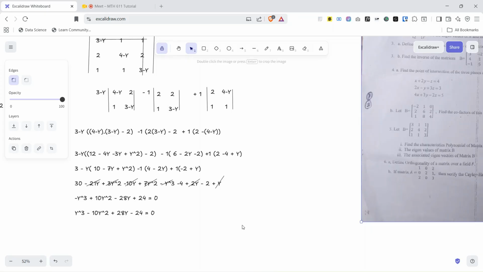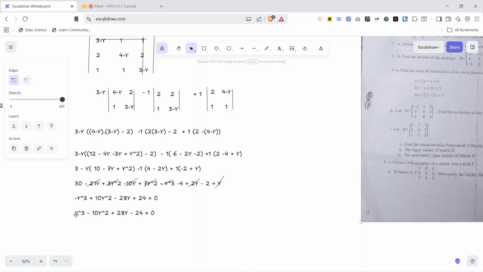In order to solve this, first we want to find the first value for lambda, a value that would make this equal to 0, that is, if we plug the value here, it will turn this to 0. Through trial and error, you can try 1, try minus 1, try 2, try minus 2.